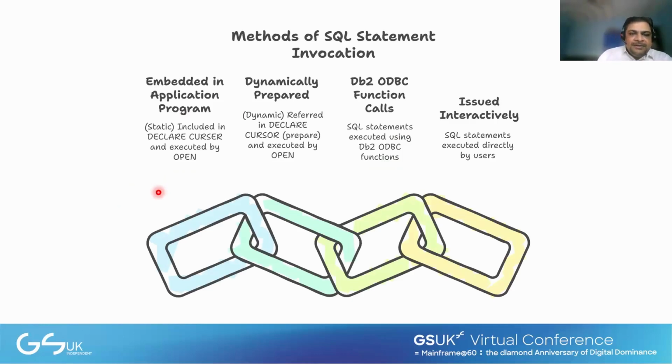So processing happens whenever that program is called, which is called dynamic programs. Then there is something called open database connectivity, ODBC function. You can do very similar stuff with that, but that's to connect with other databases. And then you can issue it interactively, like from SPUFI or from a batch job or any other way.